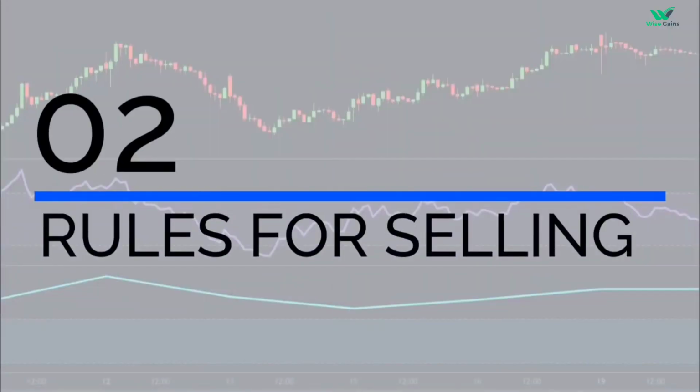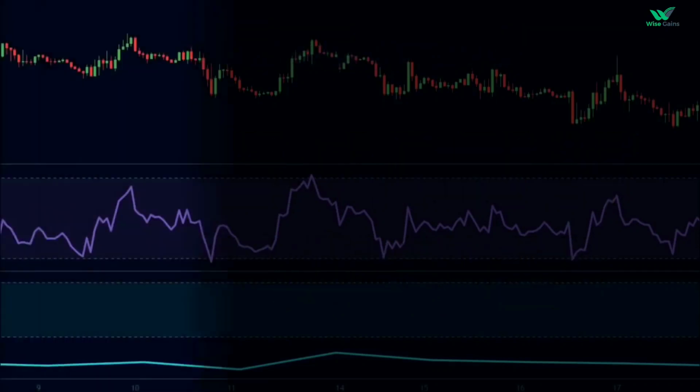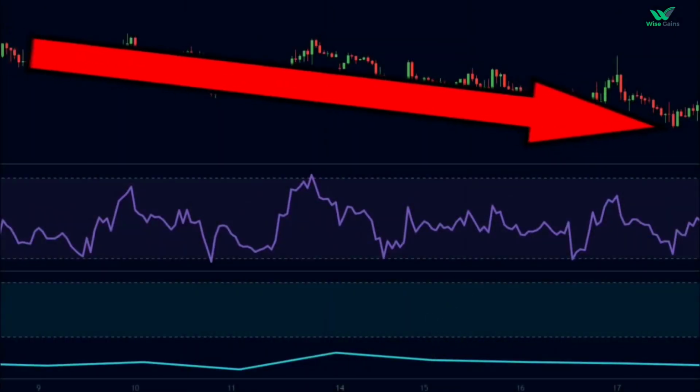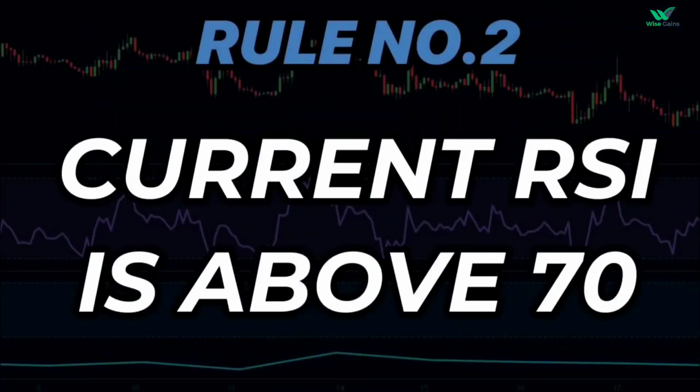Now let's look at the rules for selling. Rule number 1. We want the daily RSI to be below 40. When the daily RSI is below 40, this shows us that the price is in a downtrend. Rule number 2. The current RSI should be above 70.